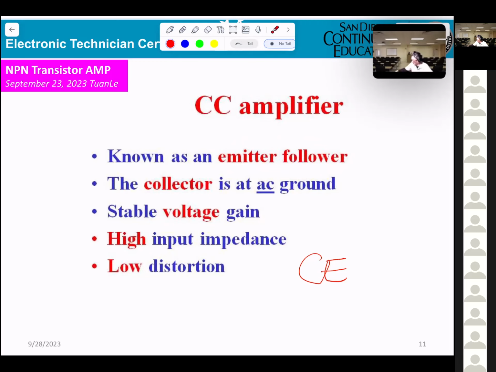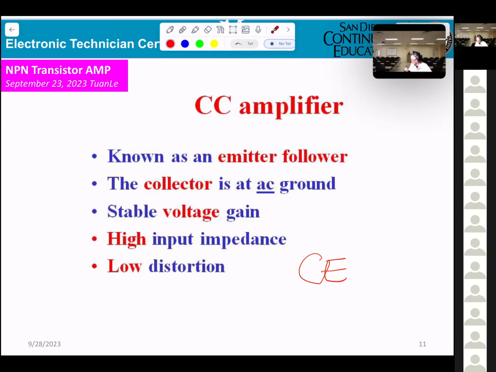That's why they're telling you here the collector is at AC ground.